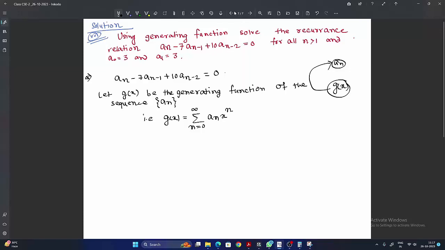So obviously its generating function will be the sum over n equals 0 to infinity of a_n x^n.